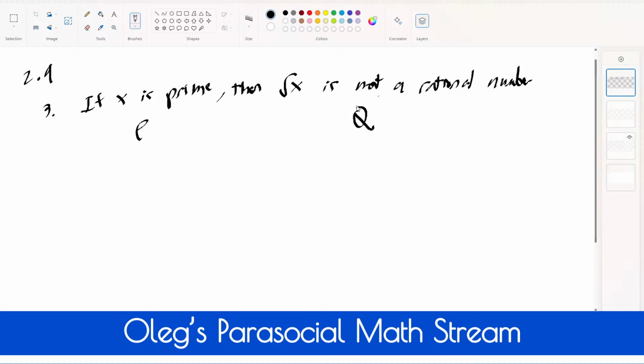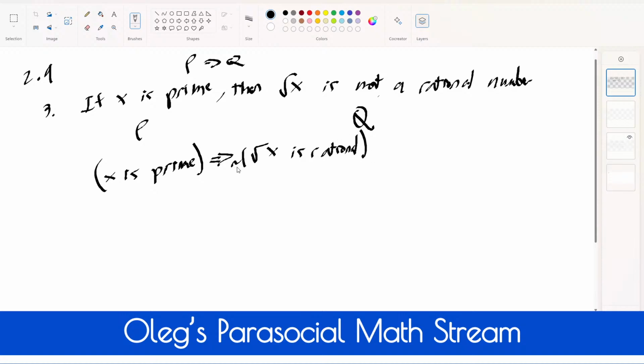So we're going to say this is if p then q. P implies q. We're going to say x is prime, and this implies root x is, or this implies not root x is rational.